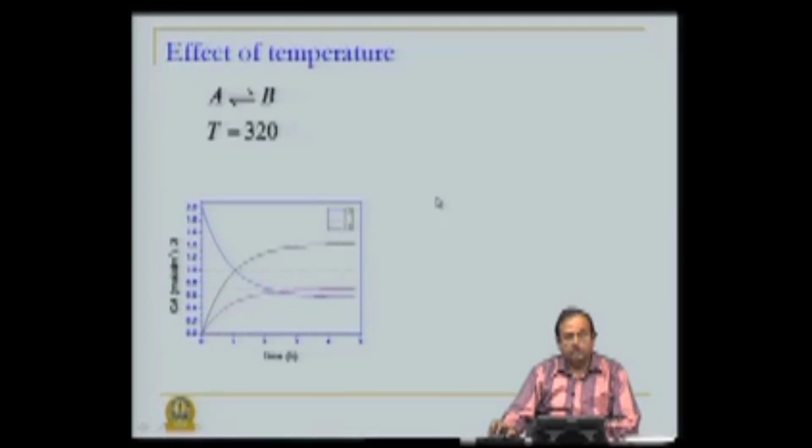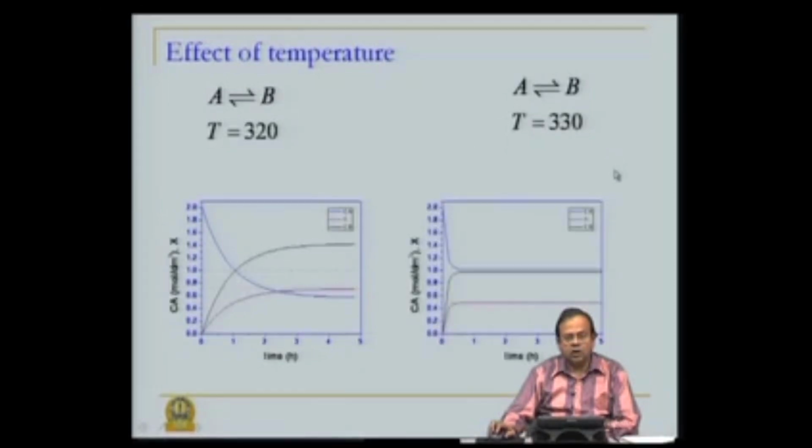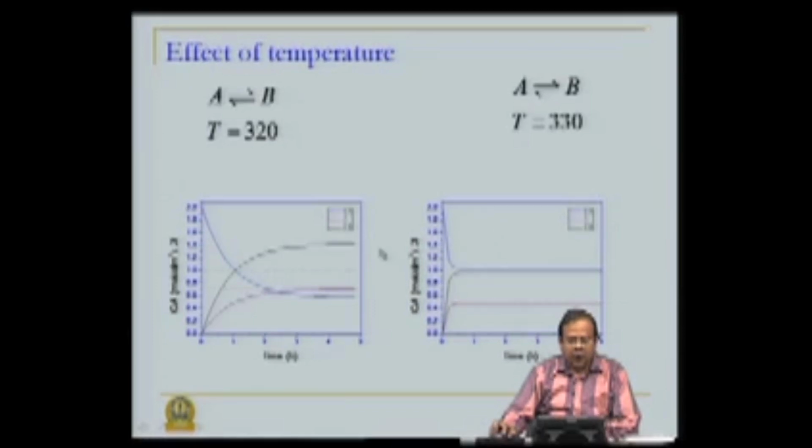So, once again we see that there is a saturation in the rate. But what if I do this reaction at 330 degrees centigrade, that is same conditions, but reaction is now carried out at 330 degrees centigrade. And let us compare these two now, starting with A. Here the saturation is occurring at around 4 to 5 hours, and the value of concentration of A remaining in the reactor is about 0.6.